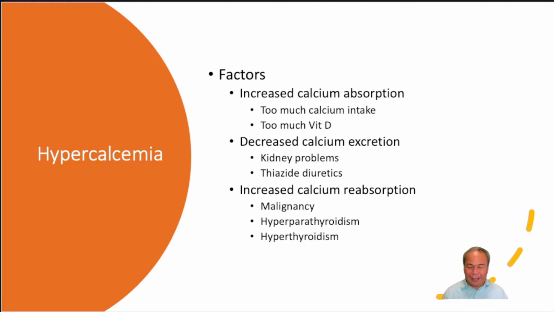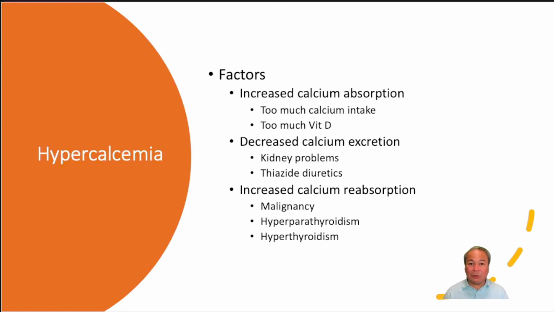Hence, one of the causes of hypercalcemia is increased calcium absorption. This is secondary to too much intake, either vitamin D or calcium supplements. The other cause for increased calcium level in the blood is secondary to its excretion. If there is decreased calcium excretion, usually done by the kidney, then that calcium stays in the body, and you have an elevated calcium level.